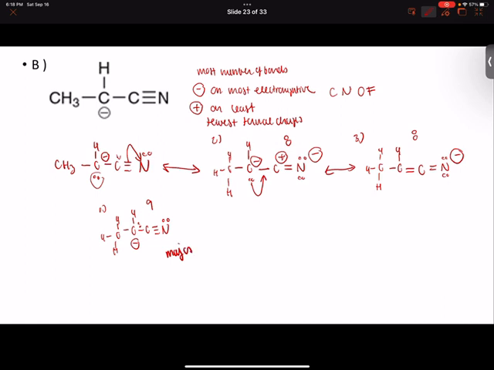And now we can compare these two. This one has more formal charges, so it's not really looking good. This one has fewer formal charges, so it is pretty nice.